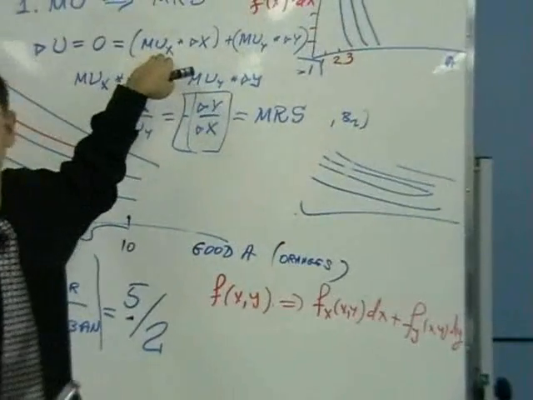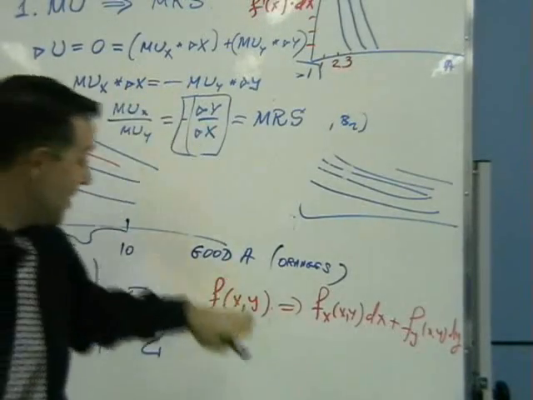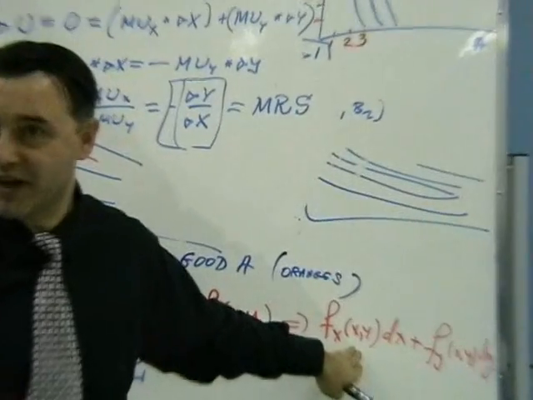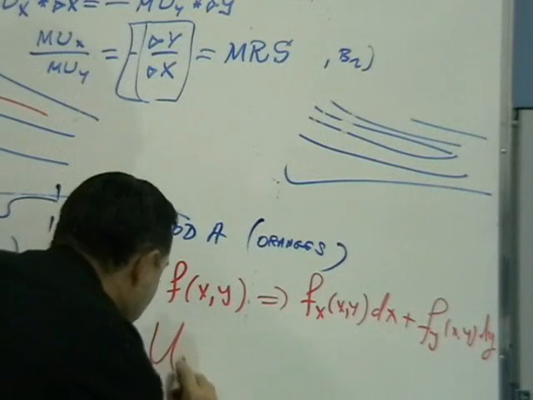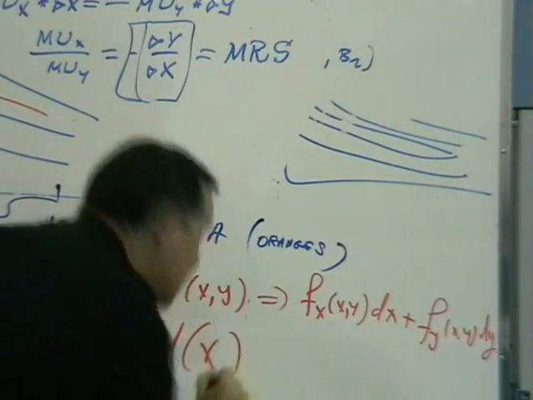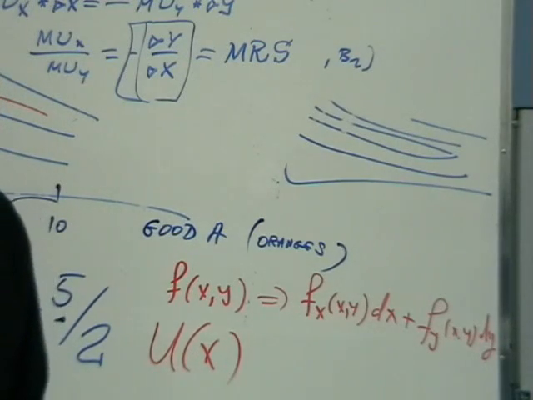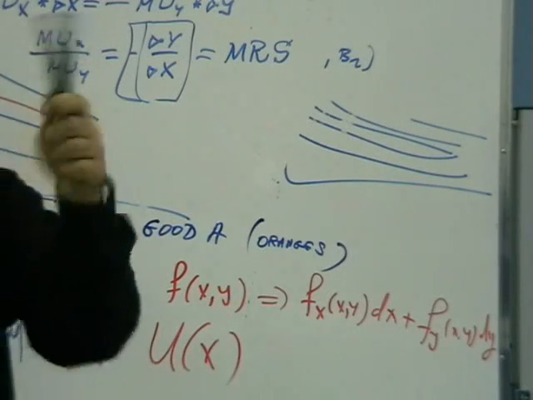Well, this is exactly what it is. Marginal utility of x is the first derivative, okay? So you have utility of x. What is the marginal utility? Marginal utility is actually the first derivative.